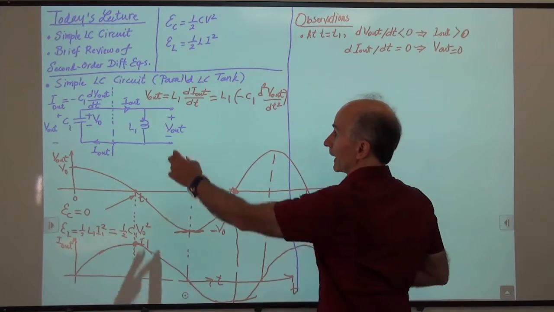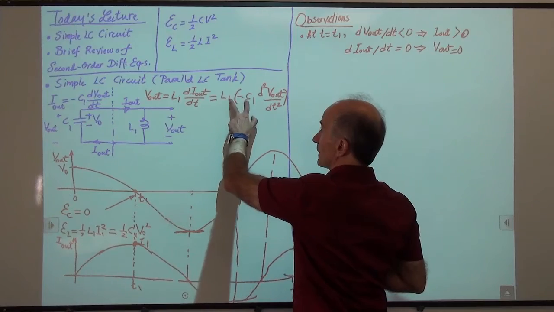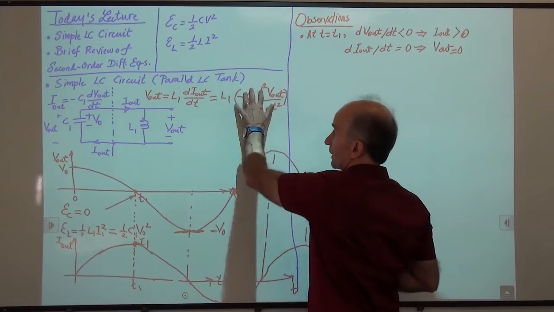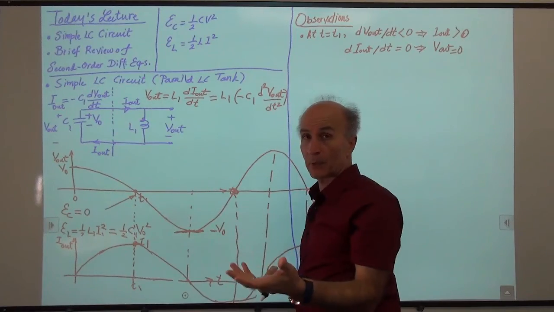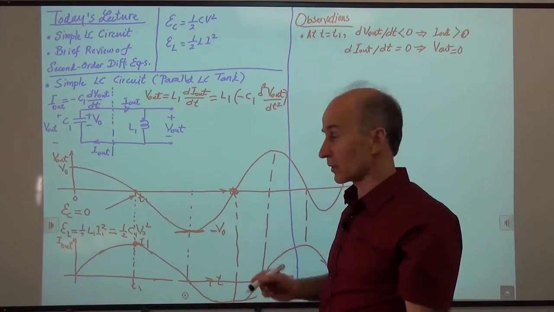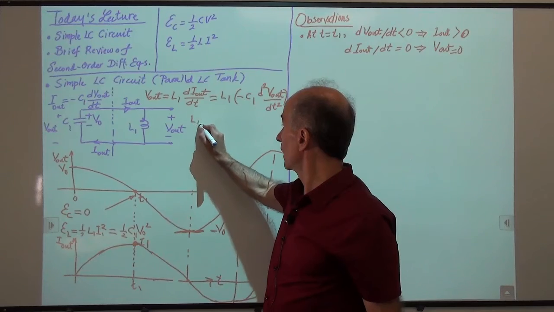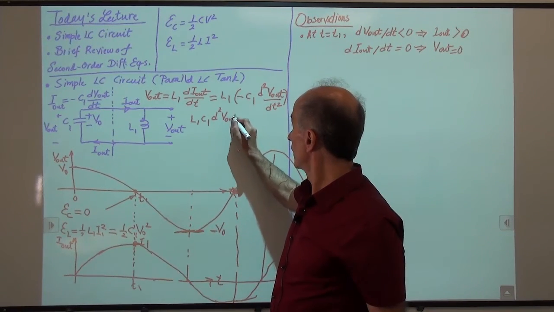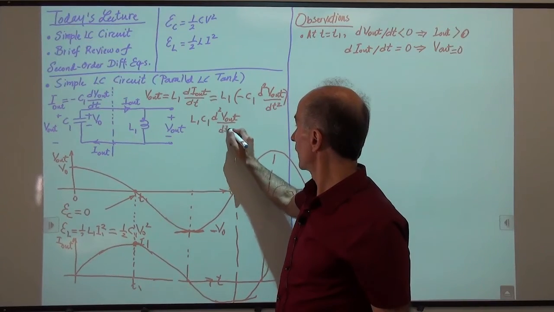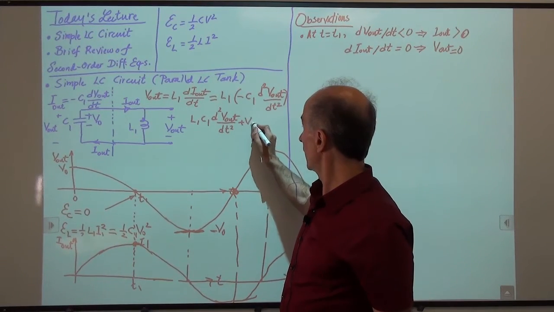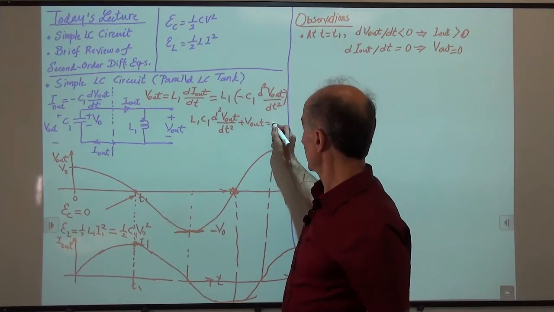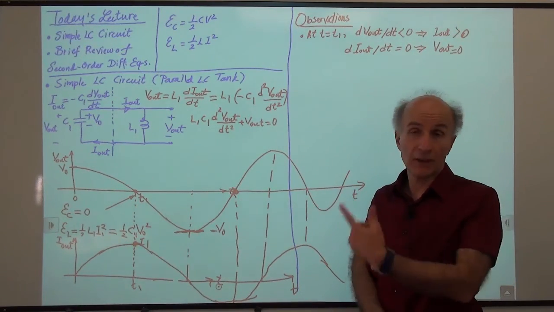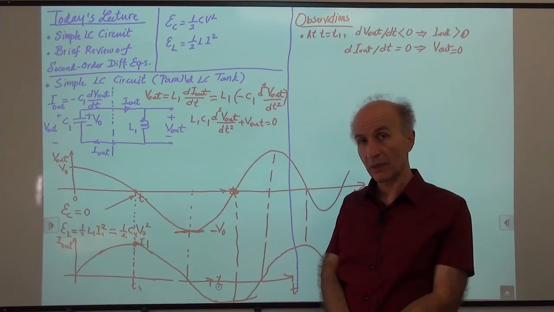So now you can see that I have V out over here, and minus L1 C1 times the second derivative over here. So why don't we take this to this side and write a simple second order differential equation. So we have L1 C1 d squared V out over dt squared plus V out equals 0. All right? We just need to solve the second order differential equation.